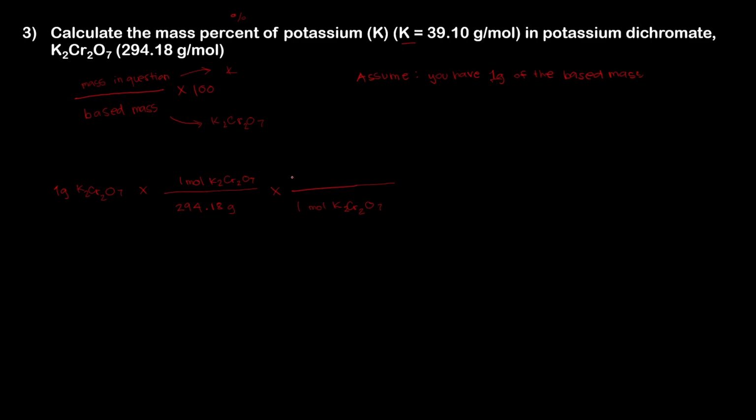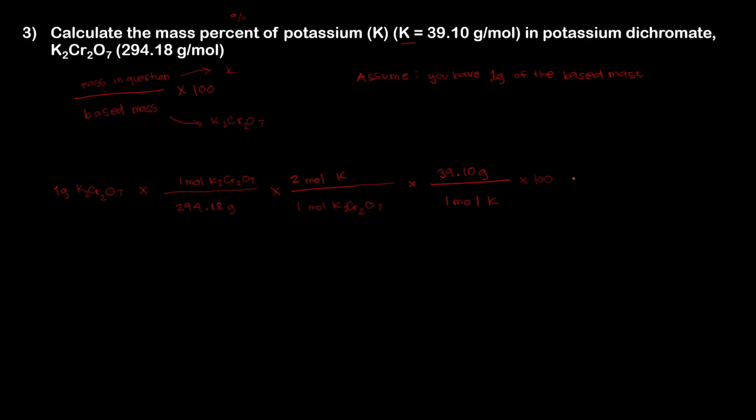There are two, right? So there are 2 moles of potassium. Then we can use the molar mass of 1 mole of K, which is 39.10 grams per mole.